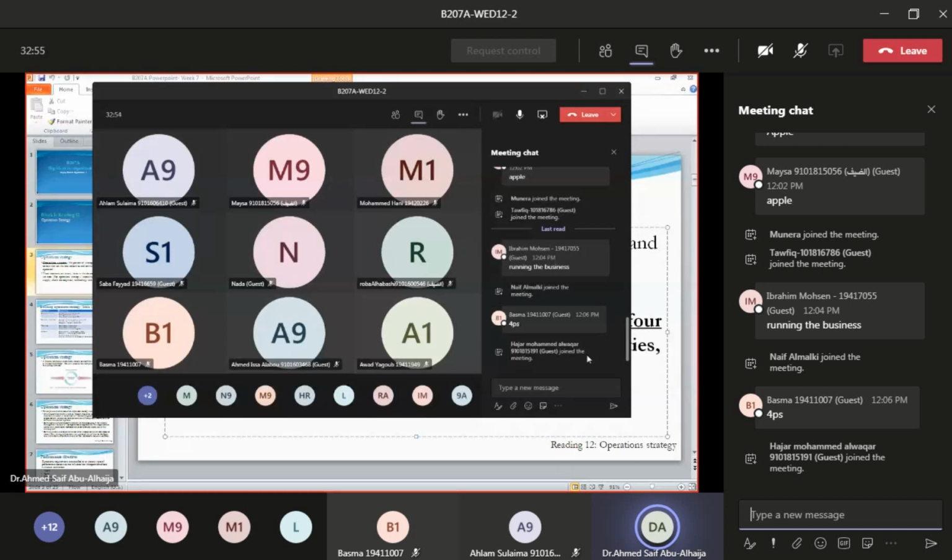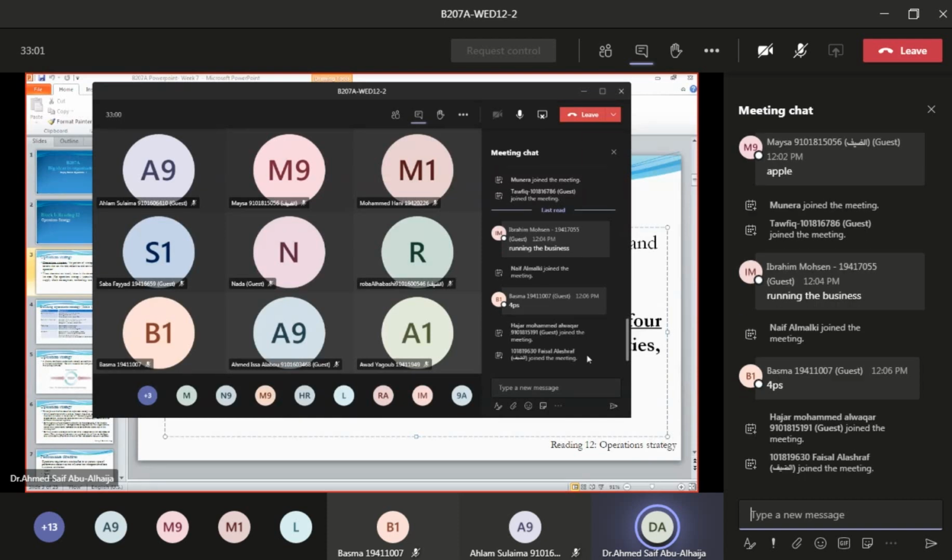It is marketing for sure, right? Marketing, remember that. Then what? Operation, okay? Remember the definition of operation: to deliver the goods and services to customers, right? It is related to marketing. You feel there is a relationship, right? For sure, there must be a relationship between marketing and operation, and also other departments.